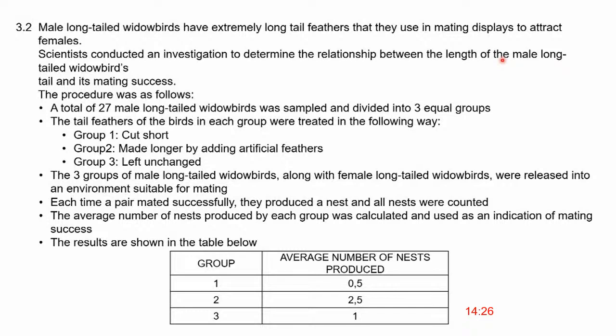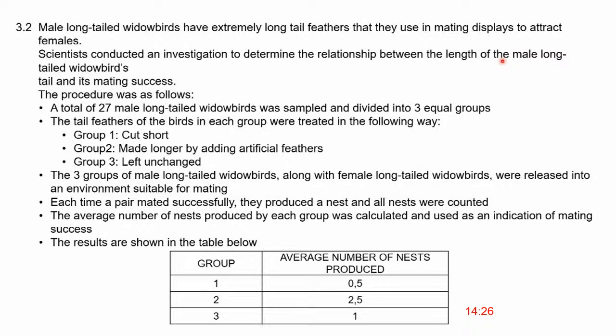The 3 groups of male long-tailed widowbirds along with the females were released into an environment suitable for mating. Each time a pair mated successfully, they produced a nest, and all nests were counted. The average number of nests produced by each group was calculated and used as an indication of mating success.